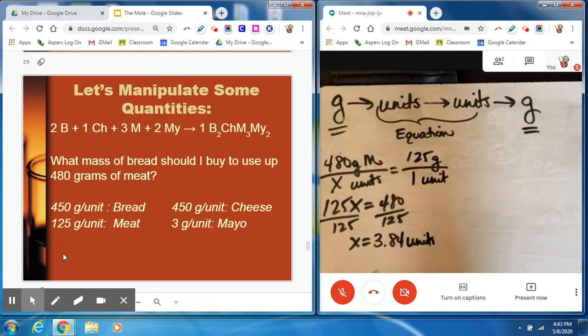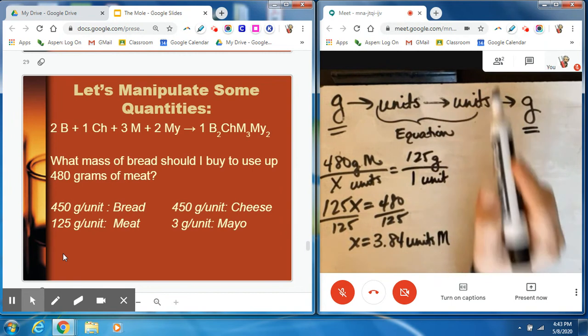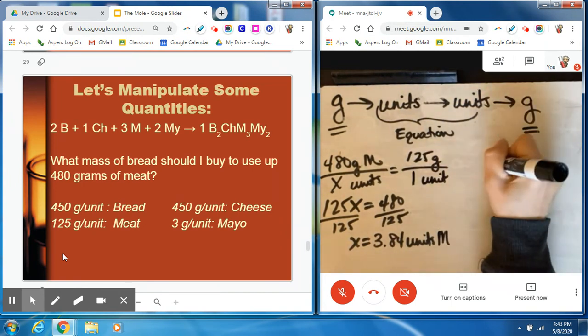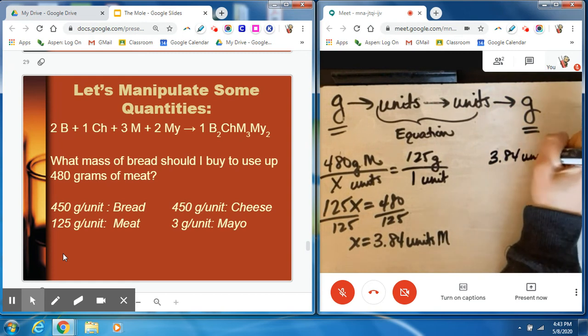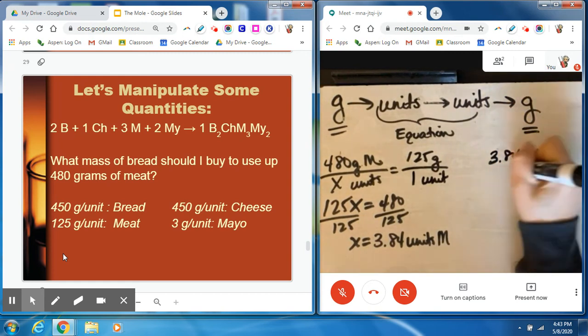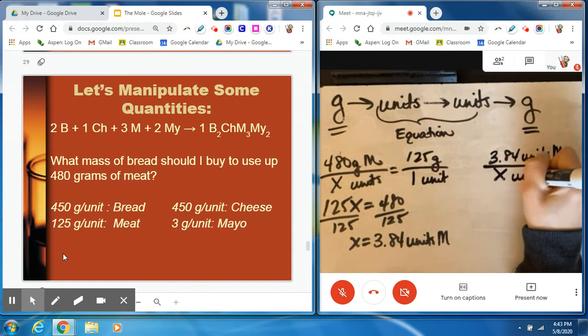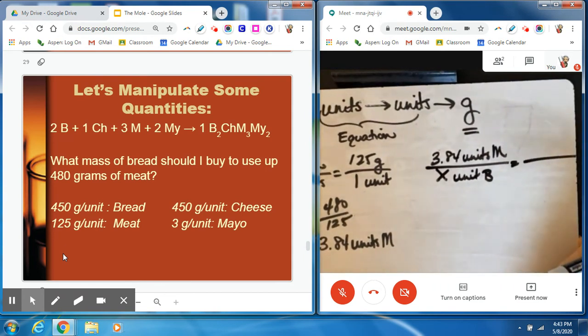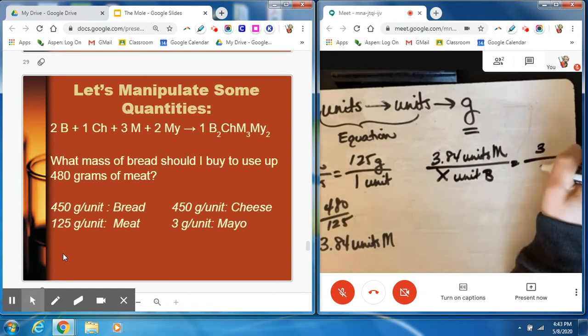Okay, of meat. Now, units of the thing I know to units of the thing I don't know. And I don't know how many units of bread that means. So if I have 3.84 units of meat, how many units of bread does that mean? Well, they have a relationship from the chemical formula of a 3 to 2 relationship.